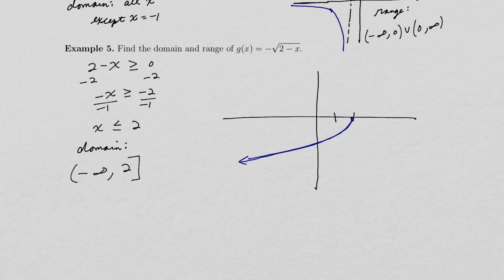So in this case, the range is going to be all y going from -infinity up to 0, including 0. Make sure it doesn't look like an 8, right? -infinity, 0, including 0. So that would be the range in this case.